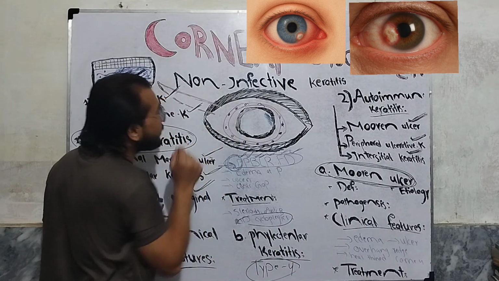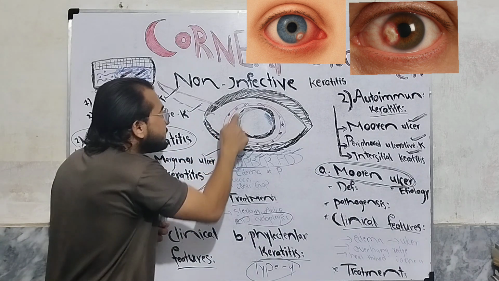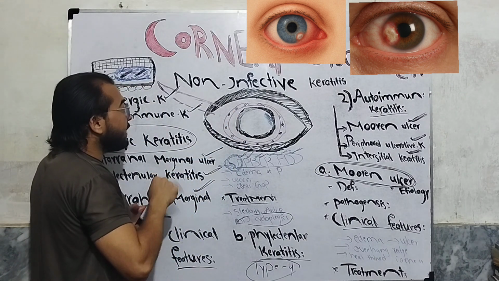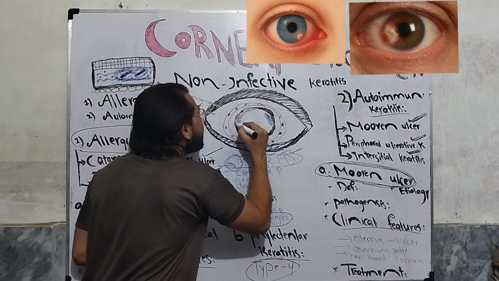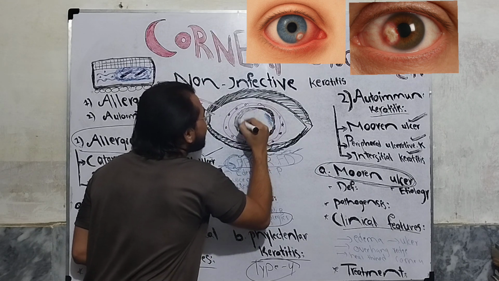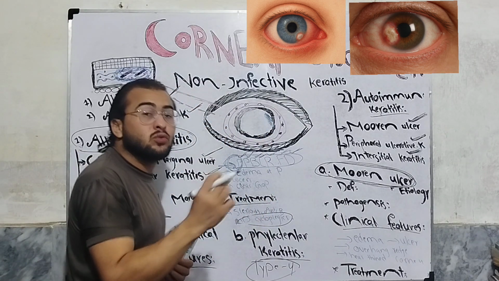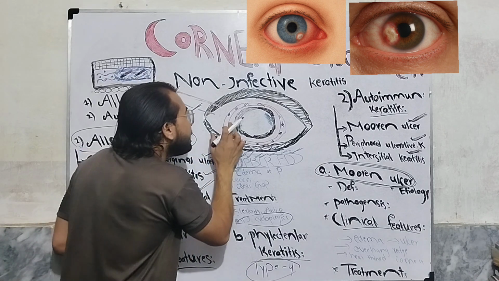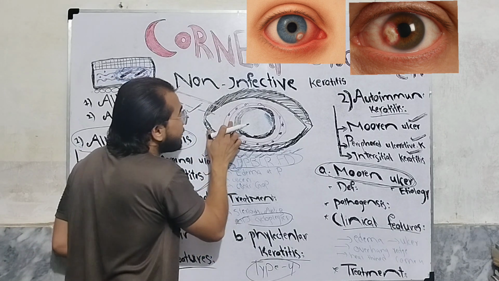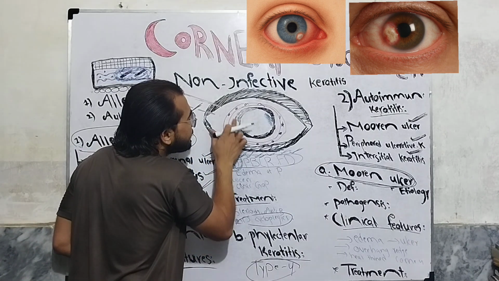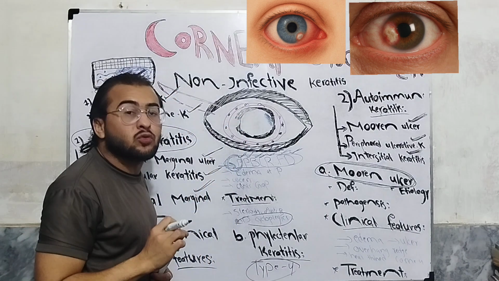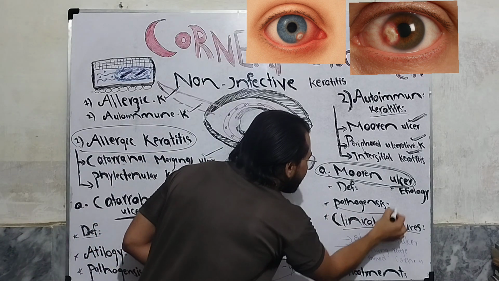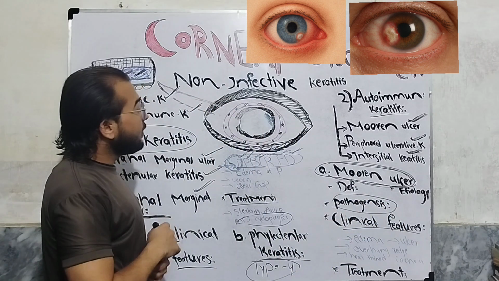When there is limbal vasculitis, this area is now ischemic. The blood supply to the limbus has been stopped because of the limbal vasculitis, so there will be ischemic necrosis starting in the limbus. This is the pathogenesis of Mooren ulcer.